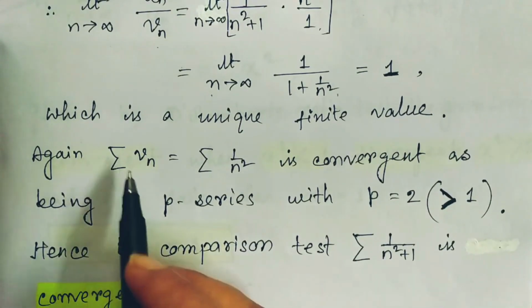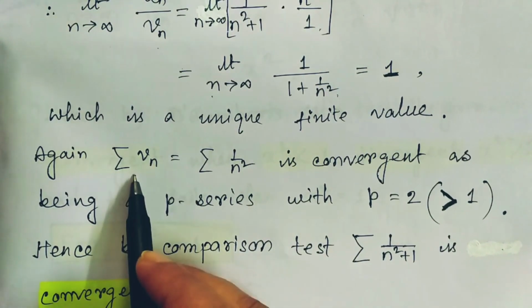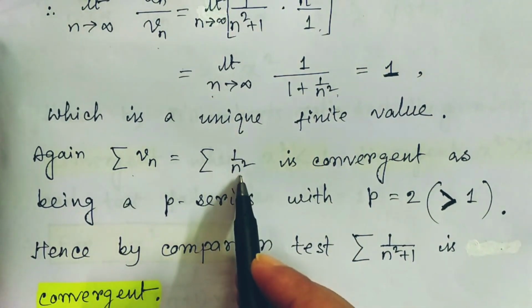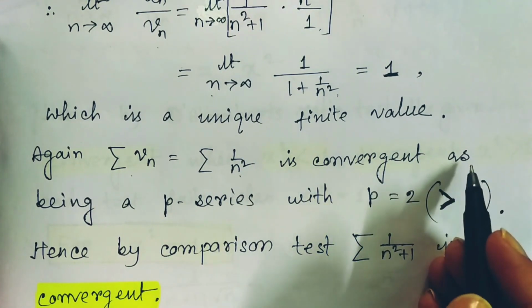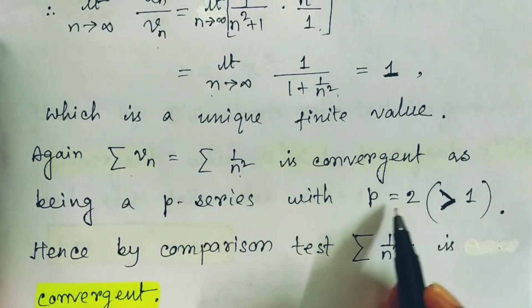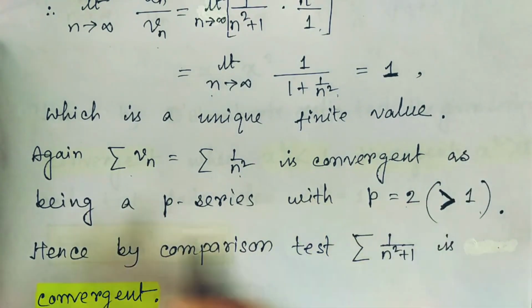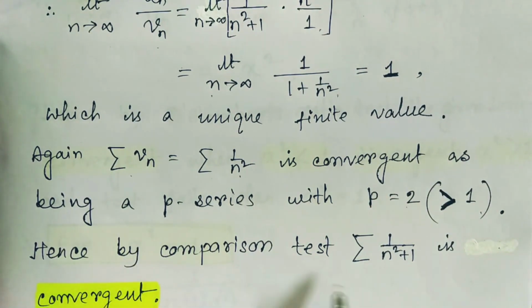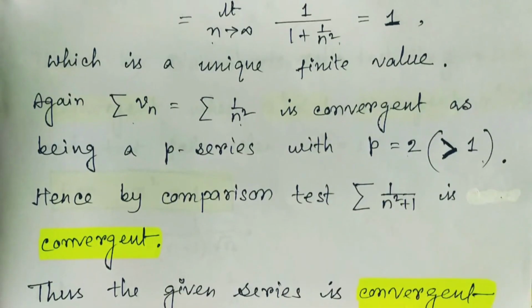Again, according to our choice, summation Vn is summation 1 upon n square, which is definitely a convergent series, being a p series with p value 2, which is greater than 1. Hence, by the comparison test, we can say the given series is definitely convergent.